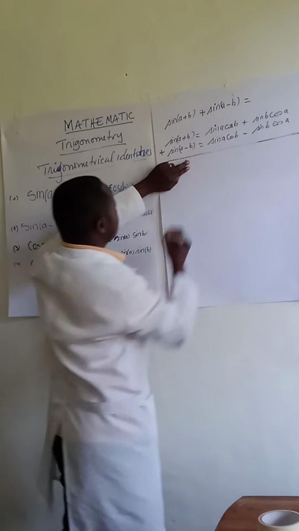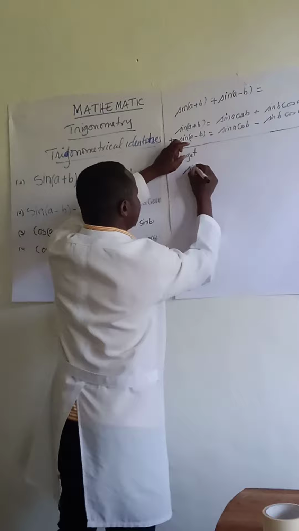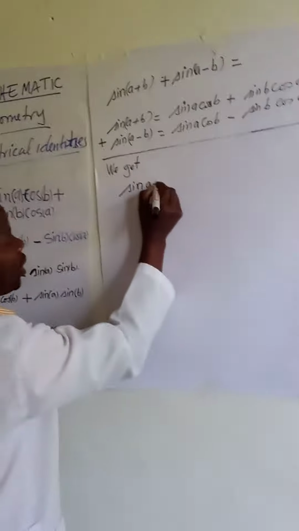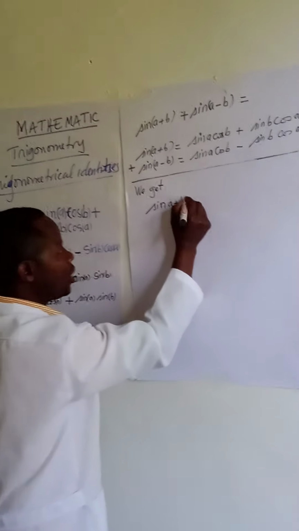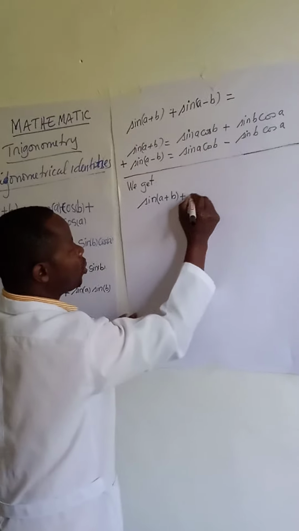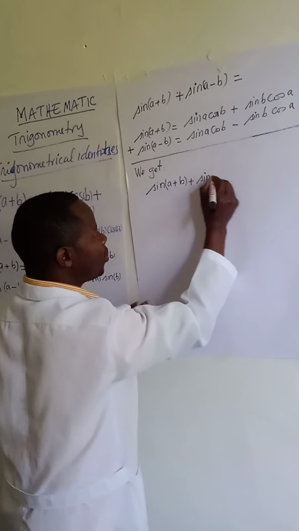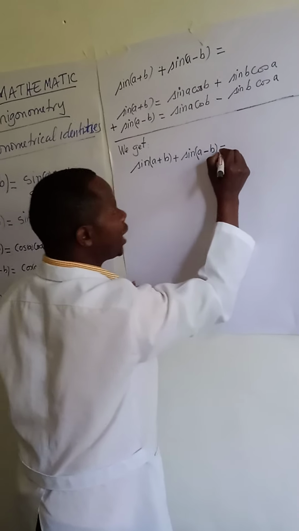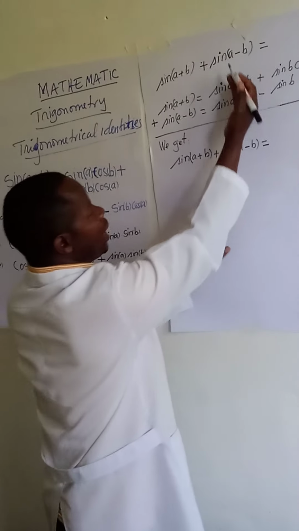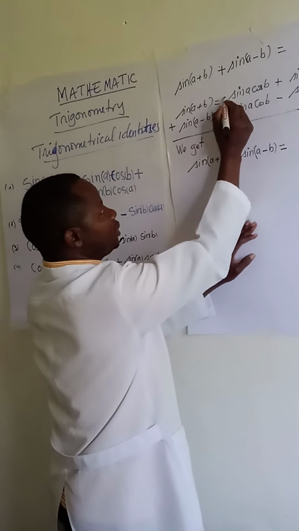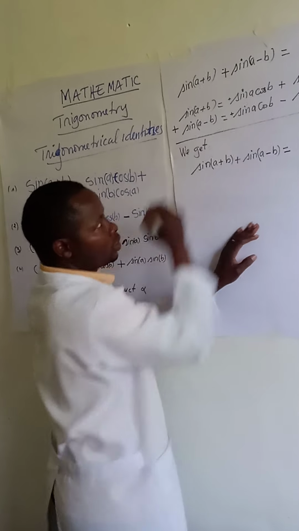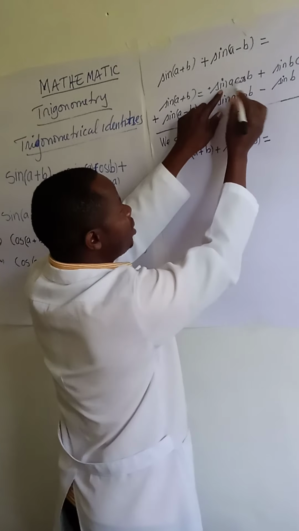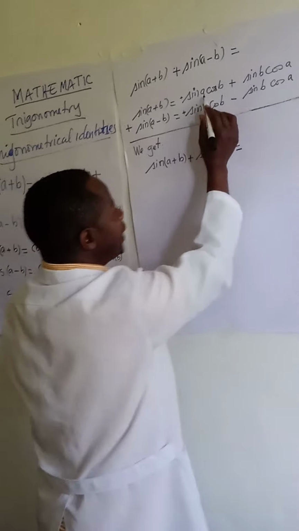We get sine of angle A plus angle B plus sine of angle A negative angle B. If we are adding, here is positive and here also is positive, so those have the same sign, the same trigonometric function and the same angle.